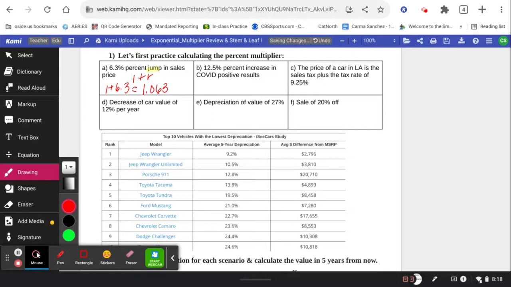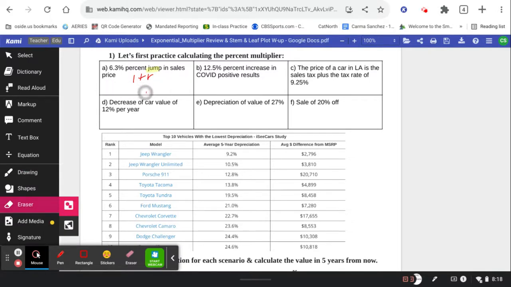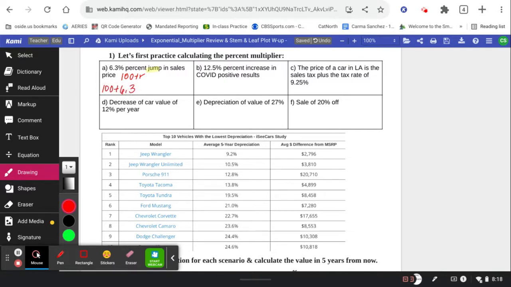Sorry guys, if we do it with the 1 instead of the 100 formula, I just realized what I copied down. It's going to come out slightly different. So 100 plus the rate is 100 plus 6.3, or 106.3. We then have to move the decimal twice to get the multiplier. So bump, bump, it becomes 1.063.